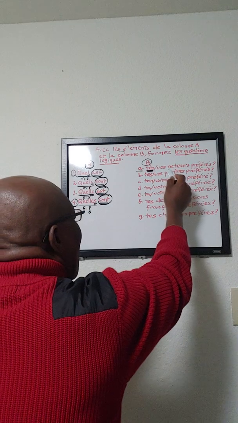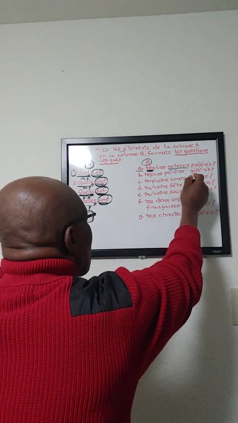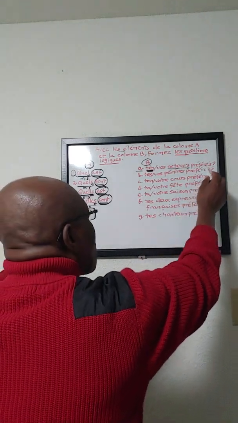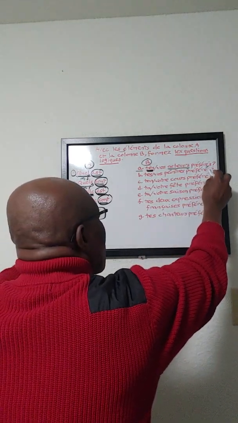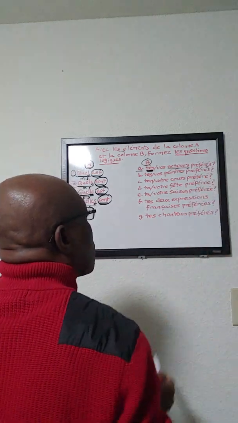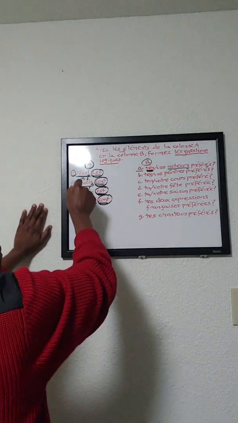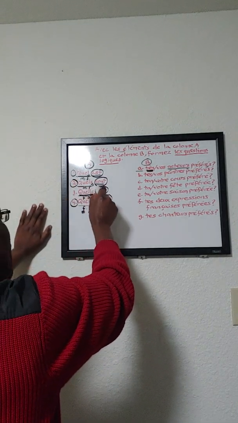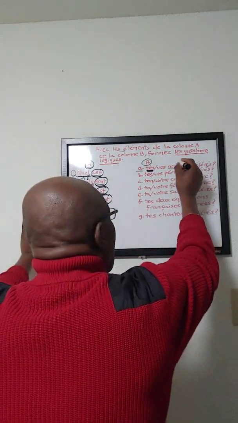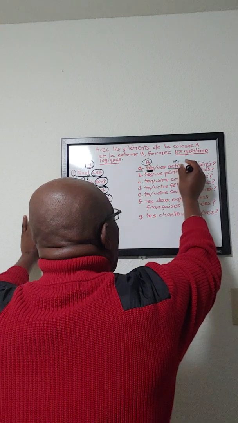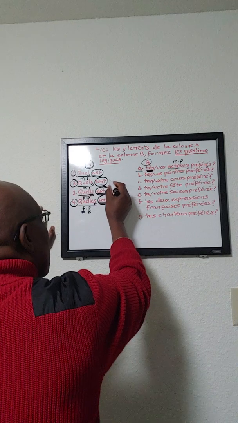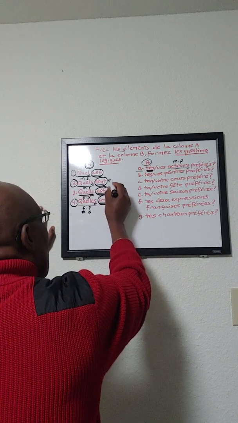Because acteurs is plural, right? And then if you look at the adjectives, you see that this is masculine plural. Now you go to number 2. Quels sont? See, masculine plural. Here we have masculine plural. So 2 can go with A.